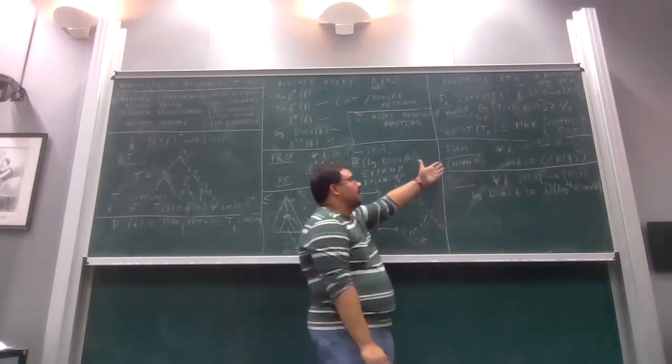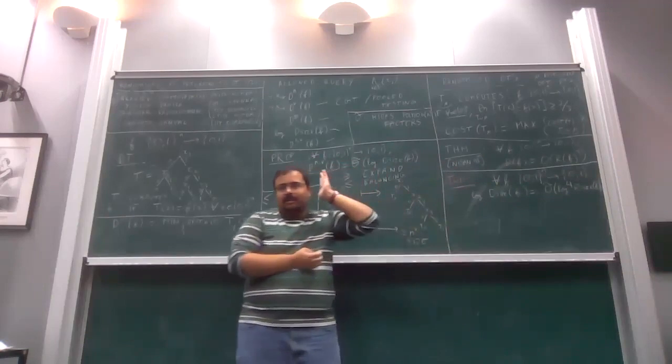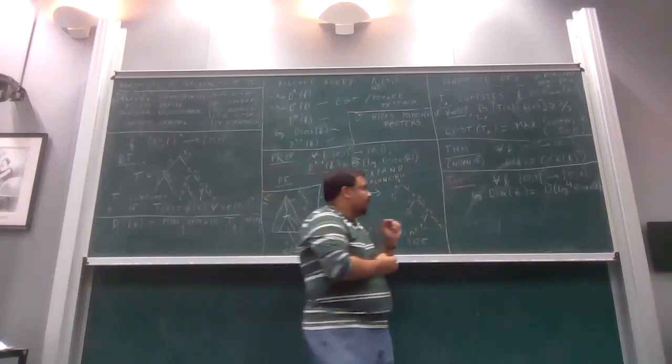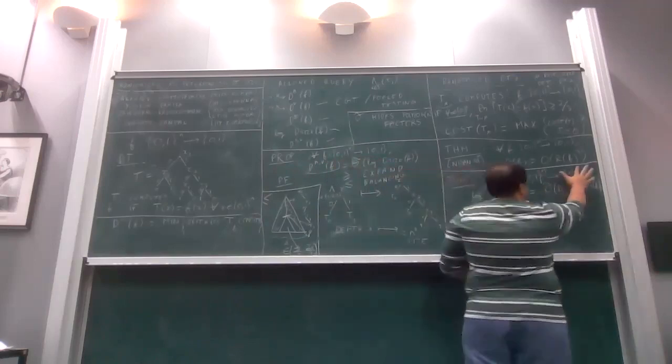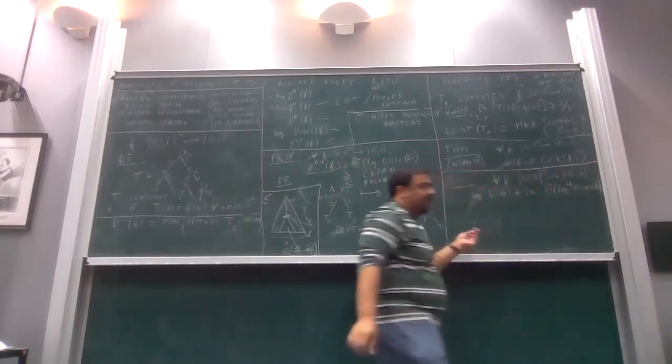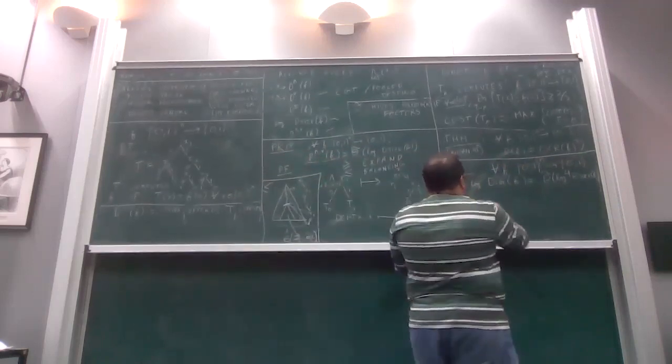So if you view Nisan's result as a de-randomization in the query model of time complexity, then you can view our first theorem as a de-randomization of space complexity in the query model.